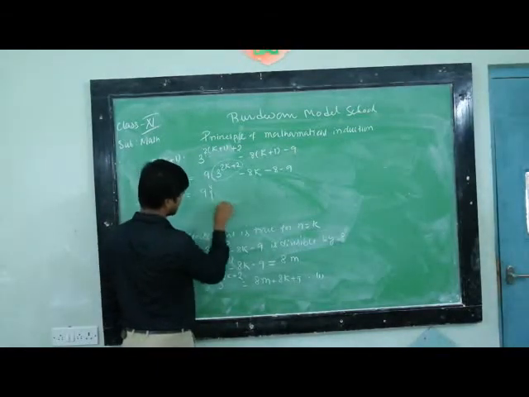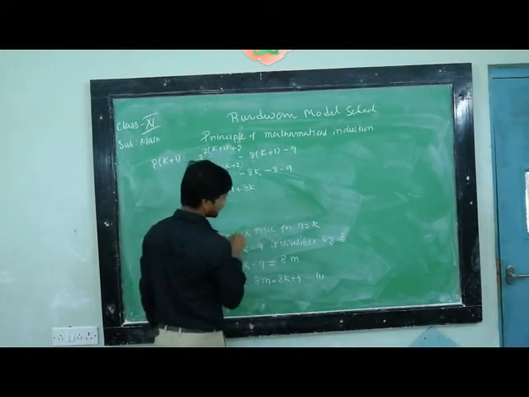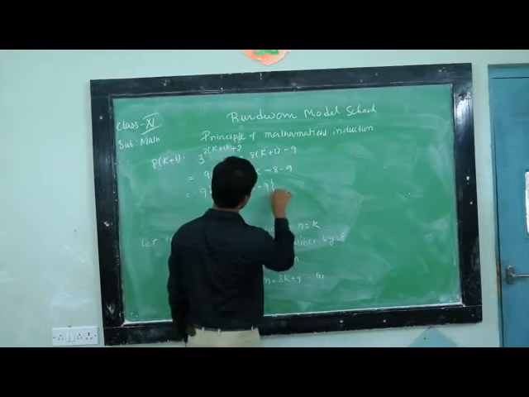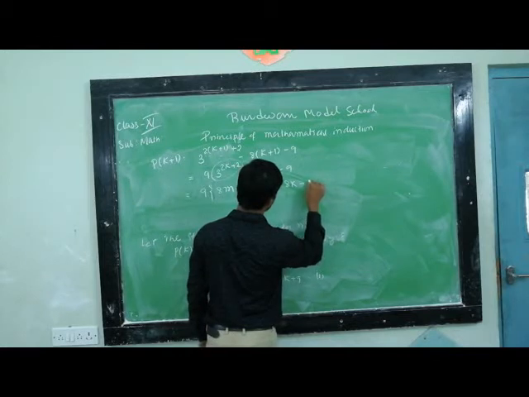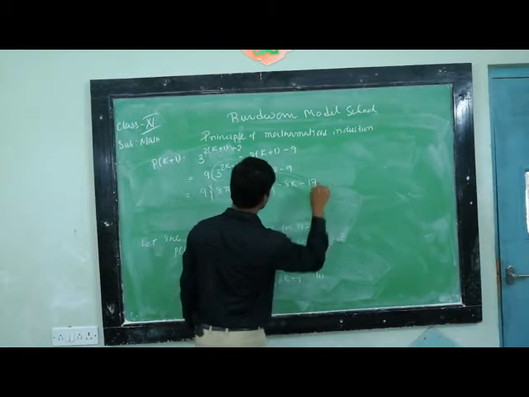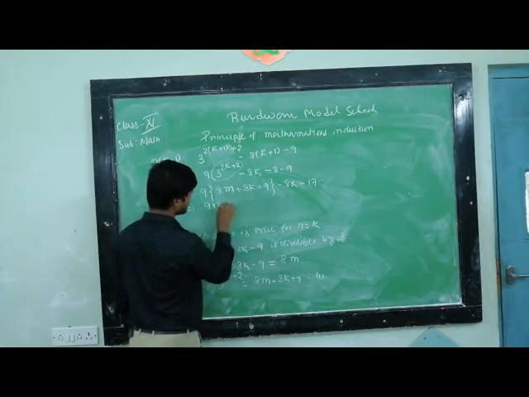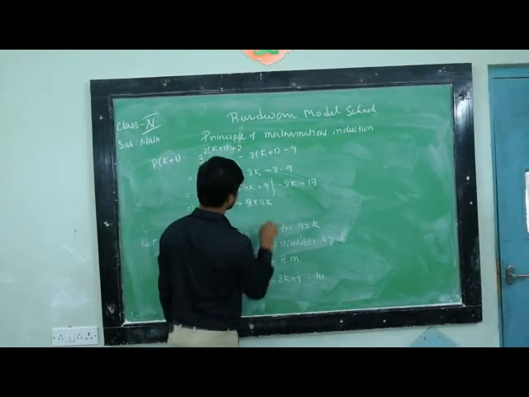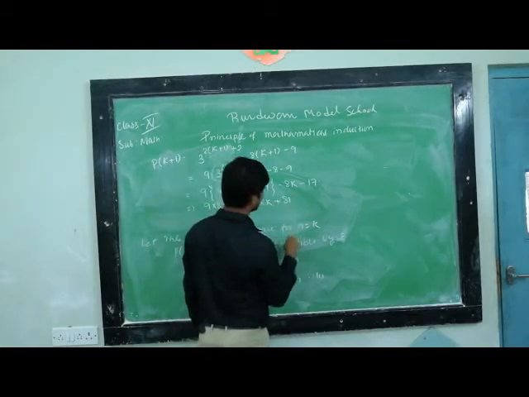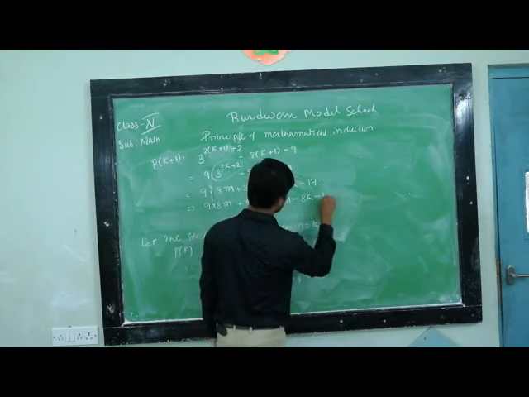So 9 into 8m plus 8k plus 9 minus 8k minus 8 and 9, that is 17. Now remove the brackets. So 9 into 8m plus 9 into 8k plus 9 into 9, that is 81, minus 8k minus 17.